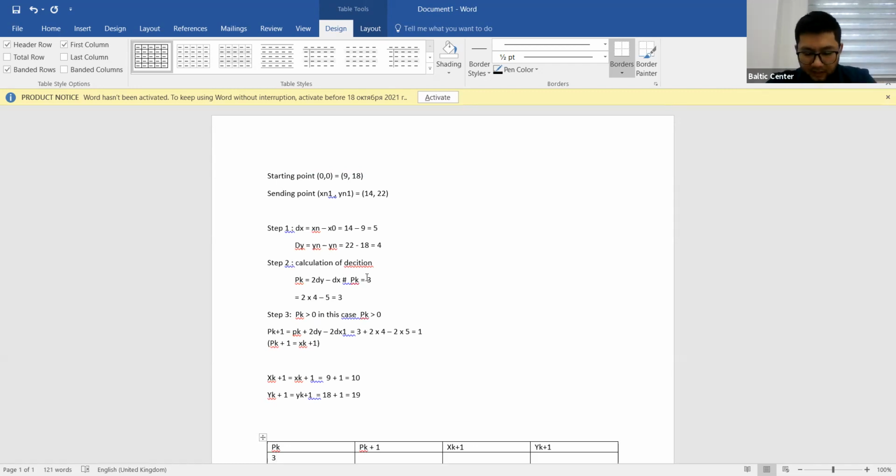Actually, I explained it in the beginning of our class, because it was in step 2. Can anyone explain why, I mean how, we got pk equals 3?